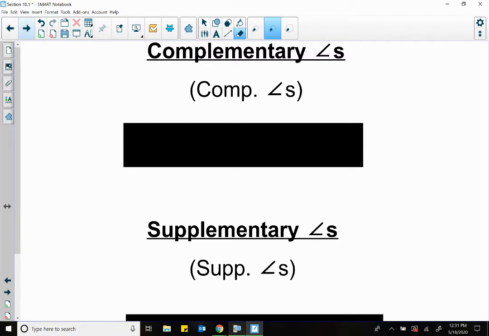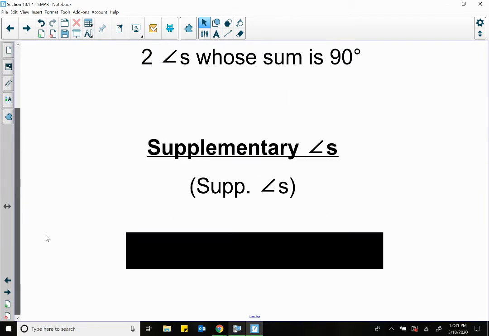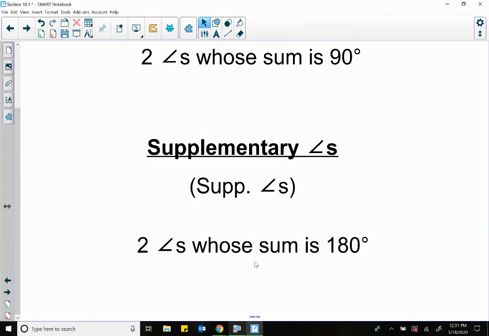If not, I'm going to jog your brain. Complementary is when two angles add to 90 degrees. Supplementary is when we have two angles that add to 180 degrees.